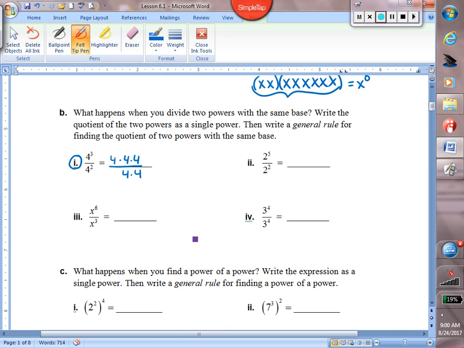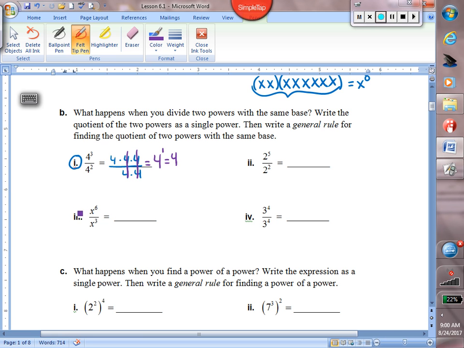Now, since I'm dividing, 4 divided by 4 gives me a 1. 4 divided by 4 gives me a 1. So I'm left with just a 4. Now, that 4 really does have an exponent. Its exponent is a 1. We just typically do not write the 1 for the exponent, but I just wanted to refresh you on that.